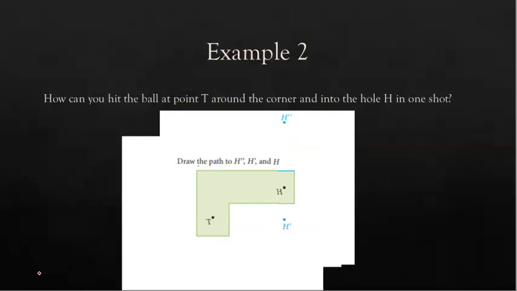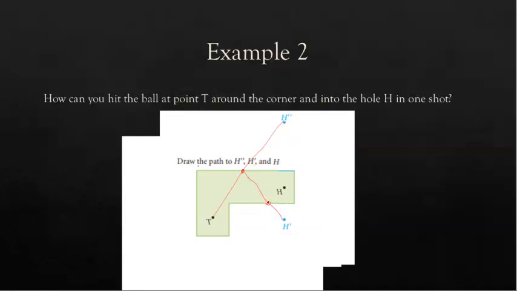So if we draw from T to H double prime, it's going to hit the wall right here. So now we're going to draw from the place where it hits the wall down to H prime, and it's going to hit the wall right here.